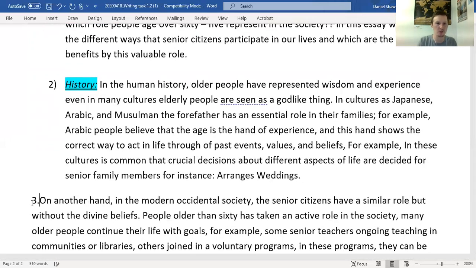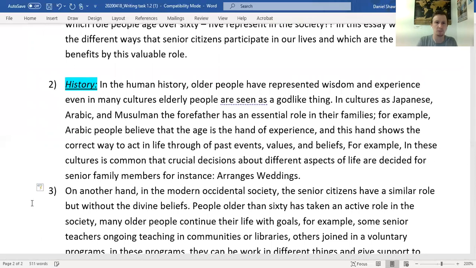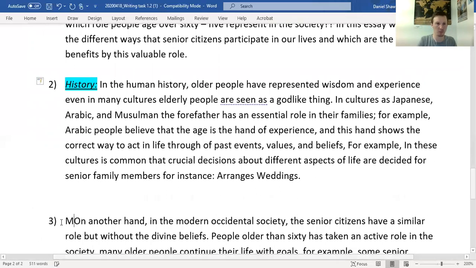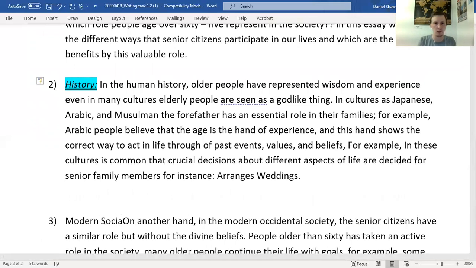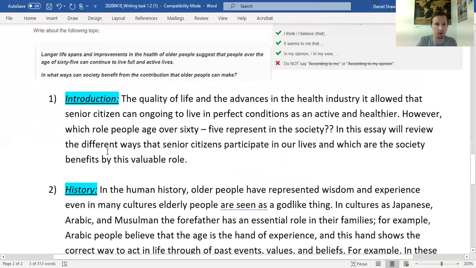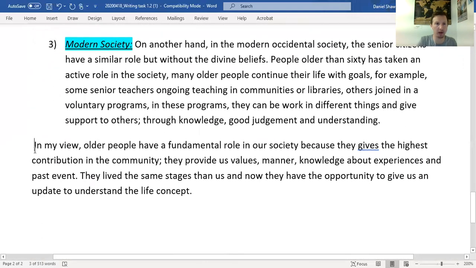On the other side, we're talking about modern society. Of course, the final paragraph is going to be a conclusion where we just tie everything together. So in my view.